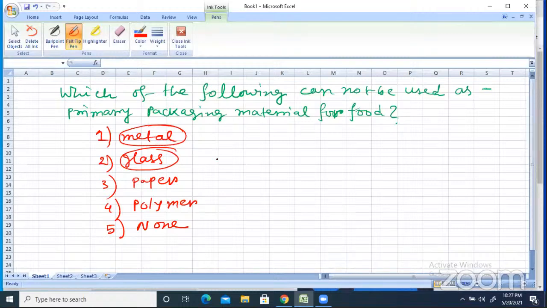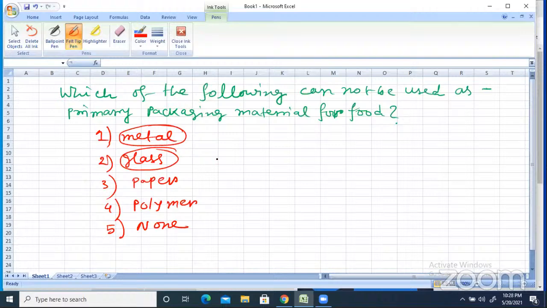So none of them above will be the correct answer, because directly, suppose a paper, you cannot sell it wrapped in a paper. It is not allowed as per the rules of the FSSA, Food Safety and Standards Act 2006. There should be proper packaging material that is justified.